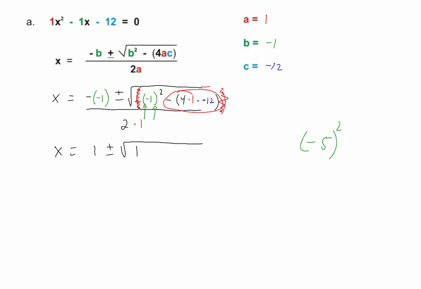The -4 times the a times the c gets added to the 1. So if you do it in 2 steps, if you leave the negative out, then do 4 times 1 times -12, and of course you get -48. And the bottom is a 2.